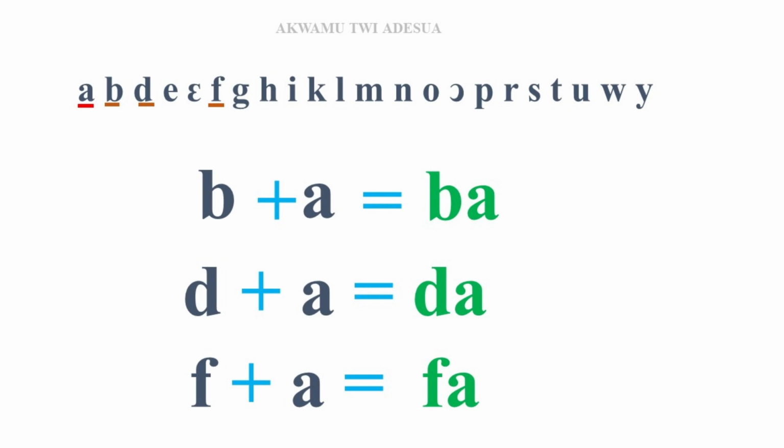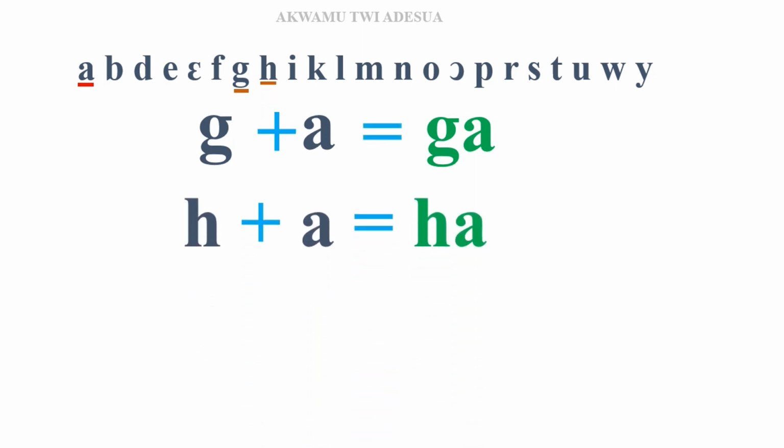We have the f, and then a, which is the f, and the a will give us fa. We have the g, and the a, which is the g, and the a will give us ga.